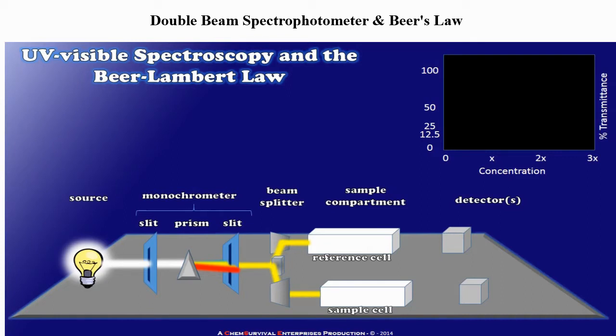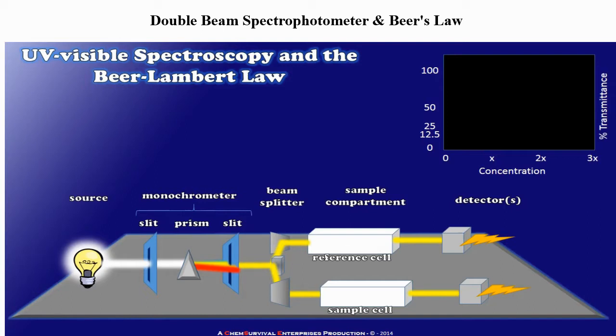These two beams of equal intensity will traverse a cell, a different one for each of course, one being the reference and one being the sample cell. As the beam exits these cells, it strikes the detectors, which are firing away, creating an electrical current. You'll notice at the moment that the intensity of the light exiting both the reference and sample cells is identical.